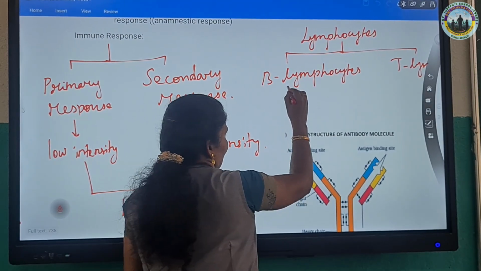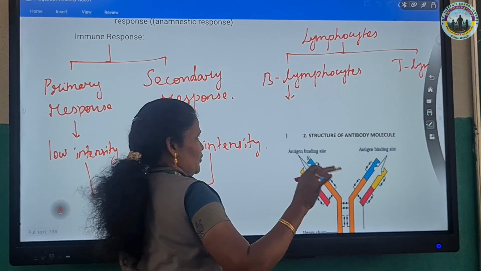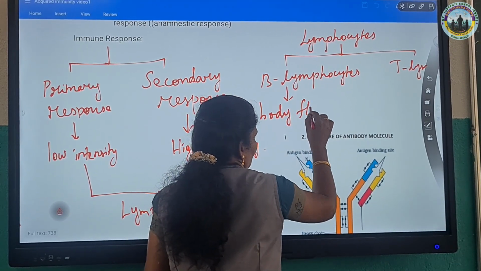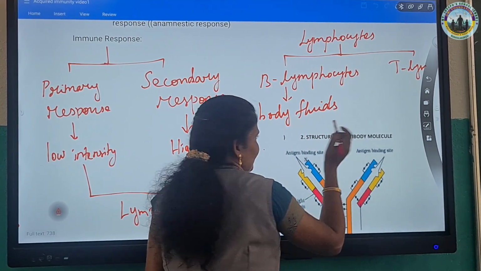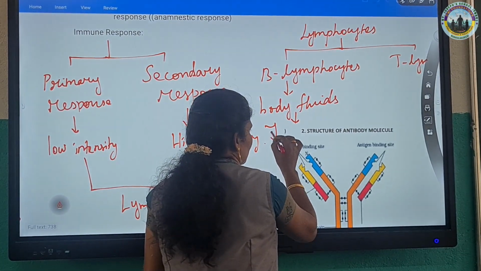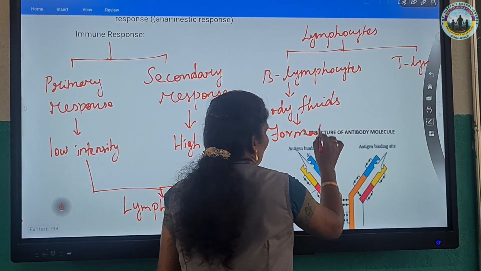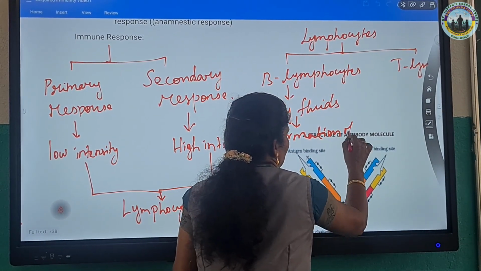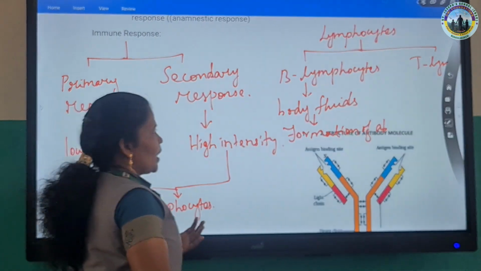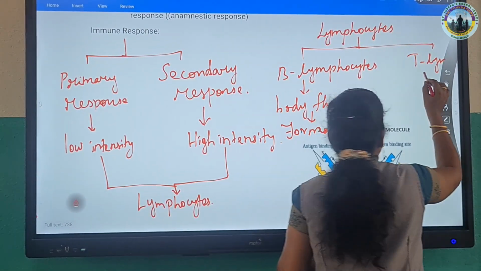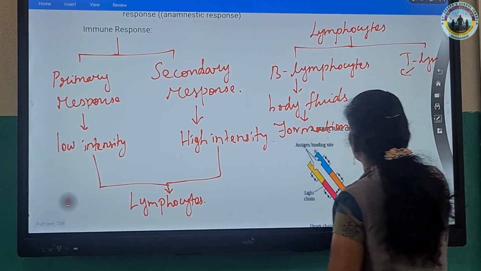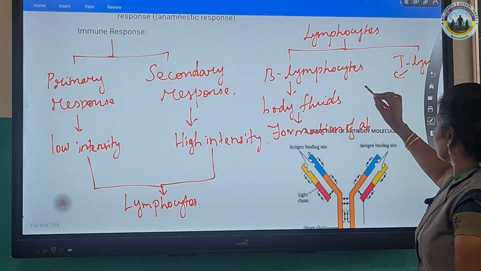The B lymphocytes function in blood and body fluids. They are important for the formation of antibodies. Now, the T lymphocytes do not take part in the formation of antibodies.